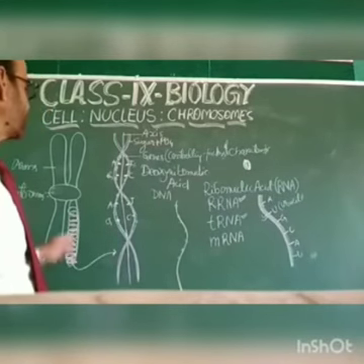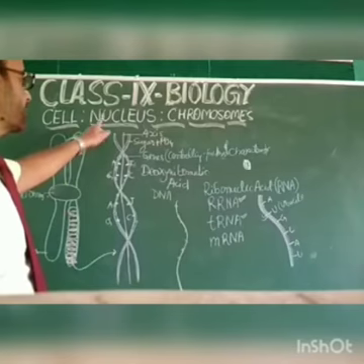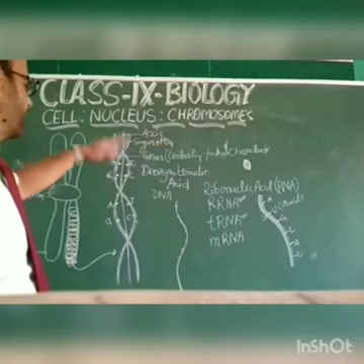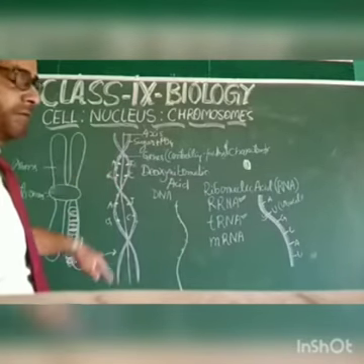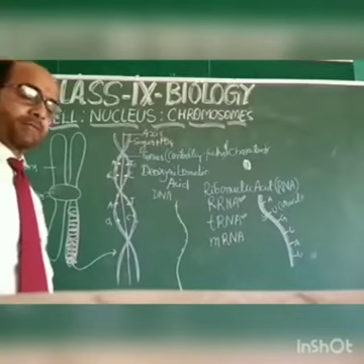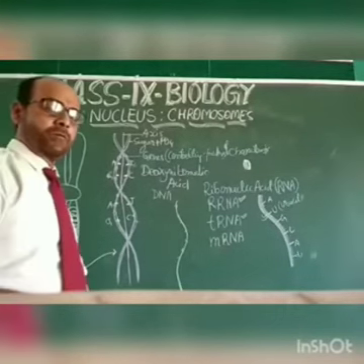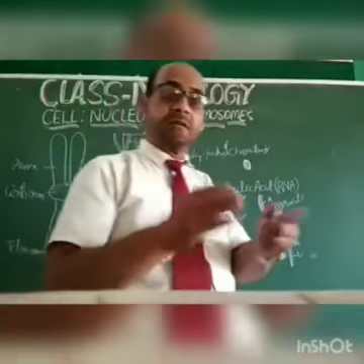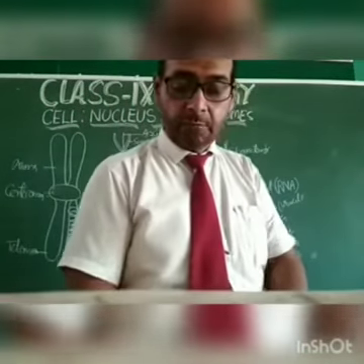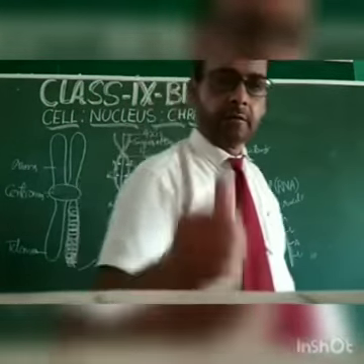So my dear student, this is all about the nucleus, chromosomes, nucleolus, chromatin, DNA, RNA, and cell. And further in the next video, about the cell division. So thank you very much for watching this video. Thank you.